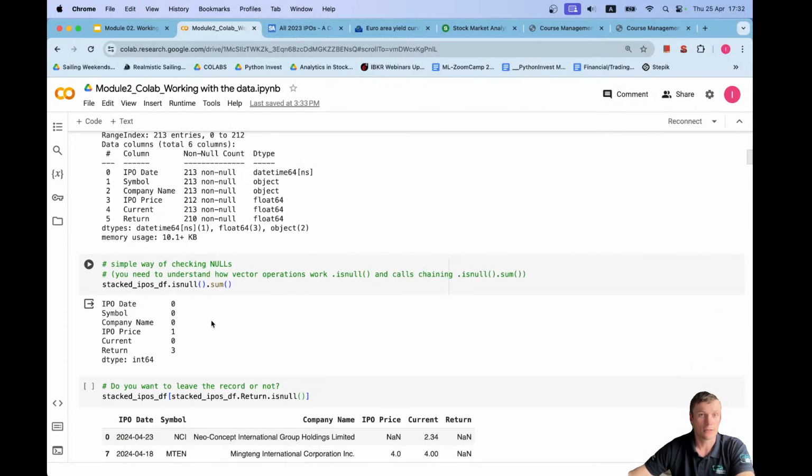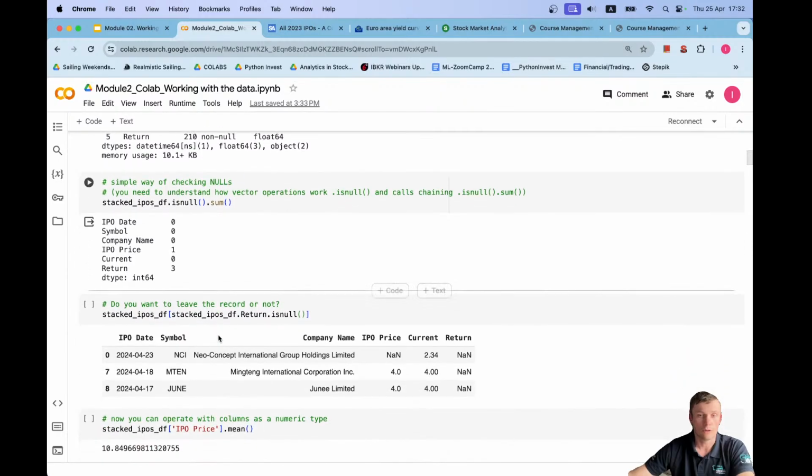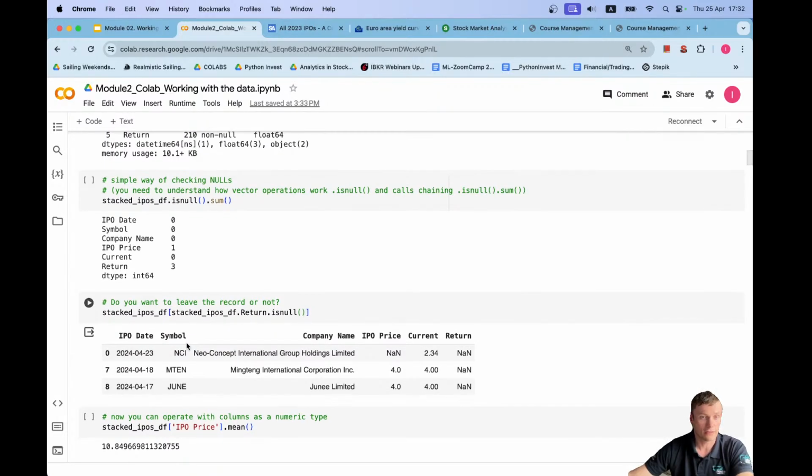Before that, a useful thing to do is to check whether you have nulls in your data frame. isnull().sum, or you can see it from here, non-null columns, and to check what's there, and if you want to leave it. So for our case, if it's IPO data and we want to analyze it and we want to have up-to-date data, we better leave it and track from Yahoo Finance if we can retrieve daily data on this new ticker to appear there.